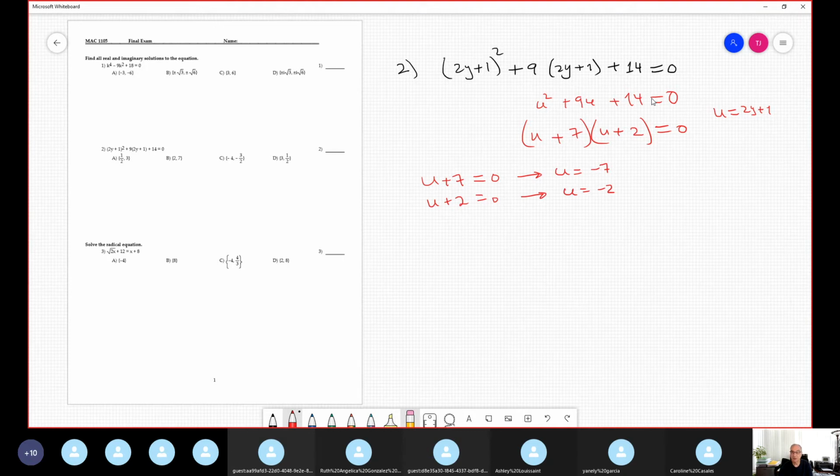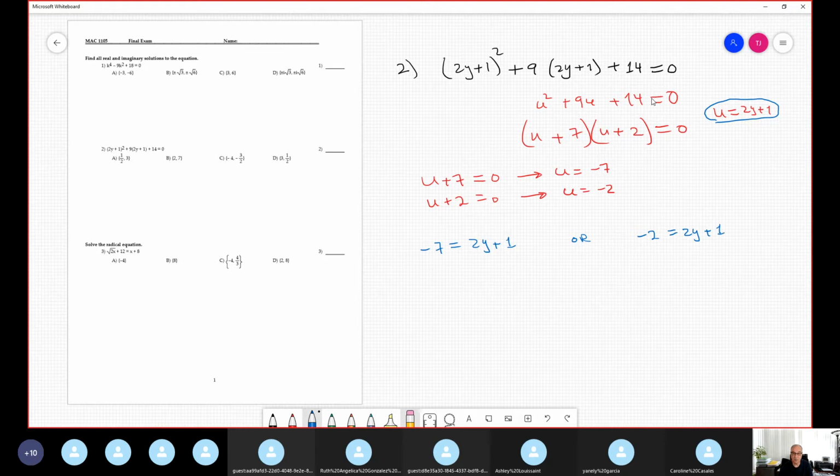Solve for y is easy because I take, one more time, this expression connecting u and y. I'm plugging in. Suppose u is -7, and -7 is equal to 2y plus 1. Or another possibility is -2 is equal to 2y plus 1.